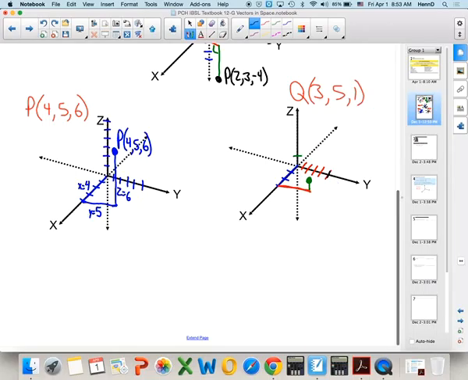But if it helps to make a three-dimensional box like this, he went up here on both of these for the 1, and you can see he made a prism there, a three-dimensional box, to find that spot. That can help too. If it helps you to visualize it that way, that's fine. Just make sure it's clear what point is your final point.